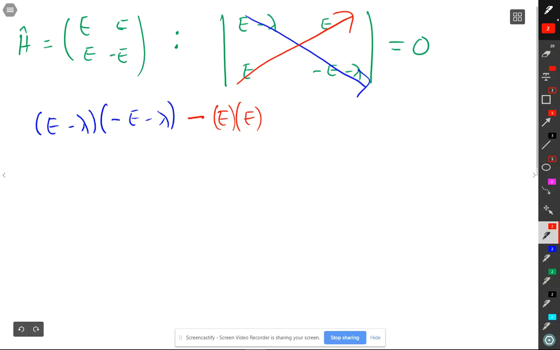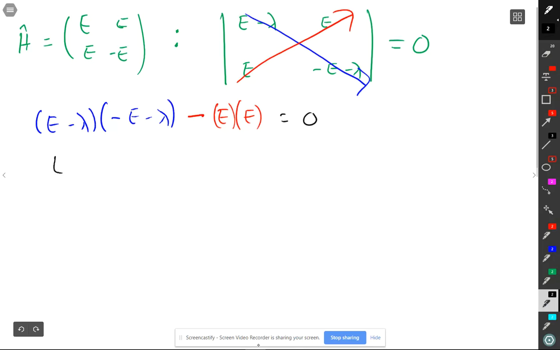So minus for the second one equals 0. And now in this case, it's not as easy as what I had yesterday because I'm actually going to have to multiply through. Minus E squared minus E lambda plus E lambda plus lambda squared minus E squared equals 0.